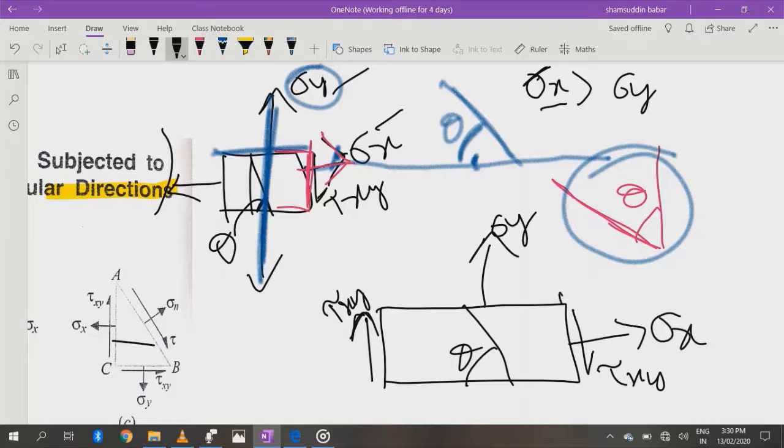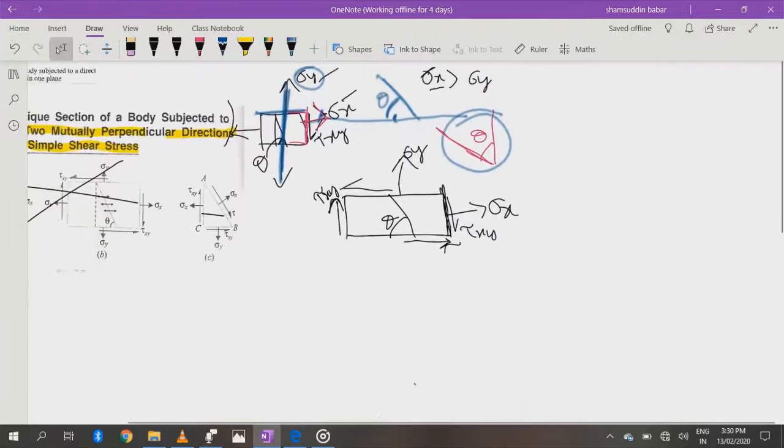So if this side is subjected to clockwise, this side will be subjected to anti-clockwise shear stress with the same magnitude to counterbalance it, and this side will also be in the opposite direction to counterbalance it. And this is the figure.